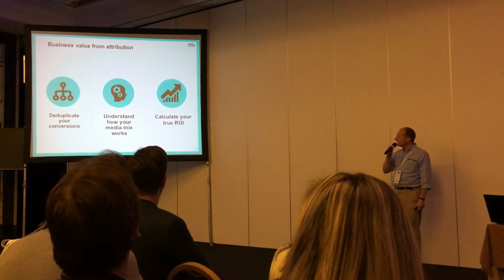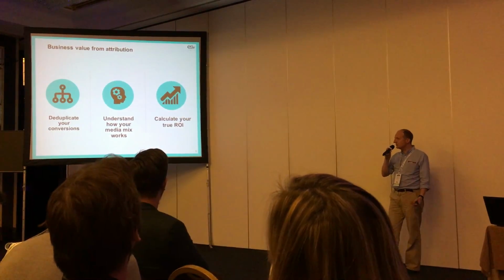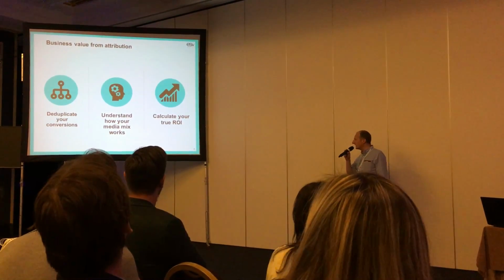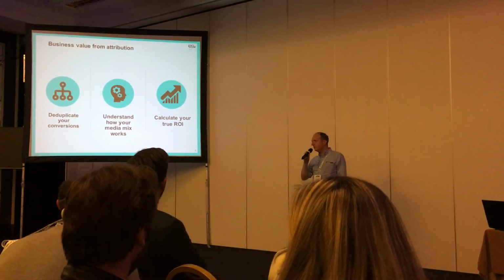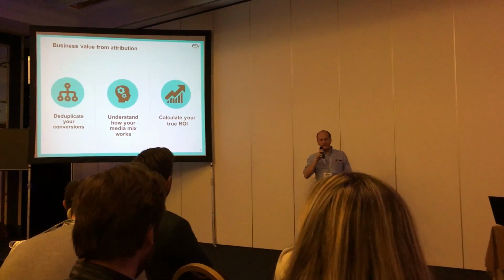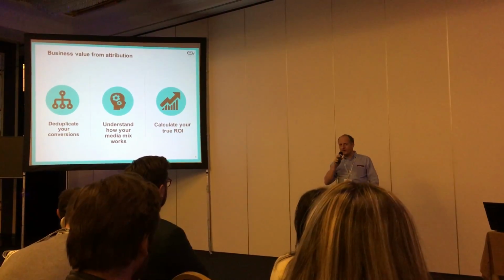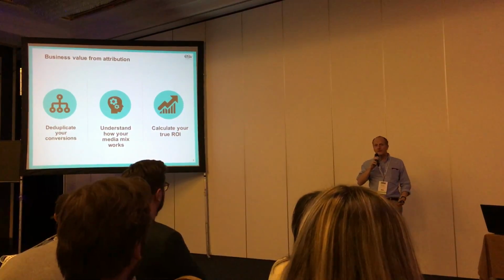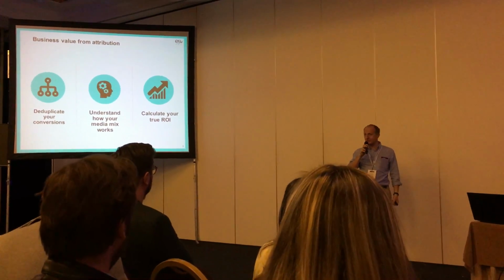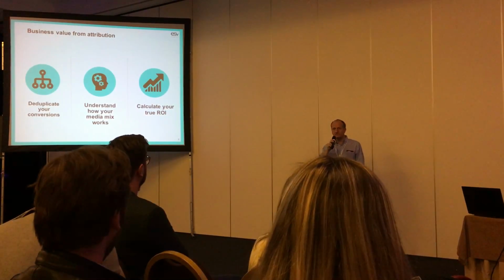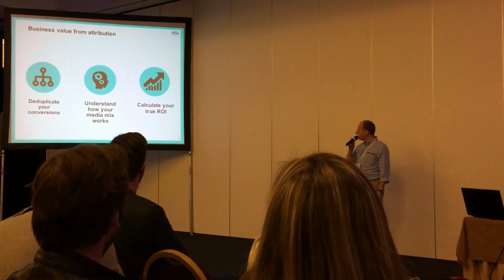And so what you're going to try to achieve from attribution is three things. First, if you're looking at it as a silo, you're going to find that you have, say, 100 impressions, but then as you allocate them to different silos, it ends up being 120. So you're paying twice for the same impression, which is costly and unfortunate.